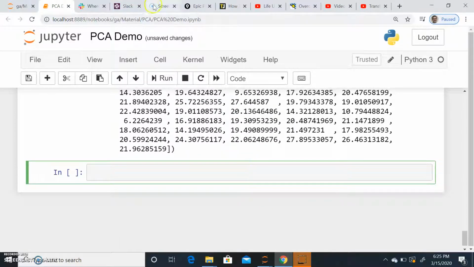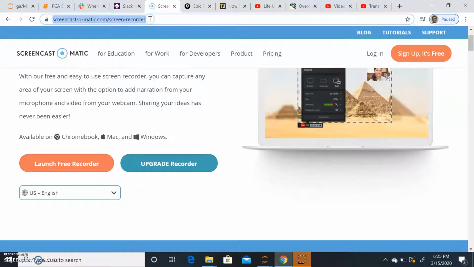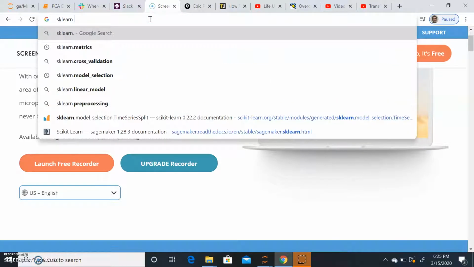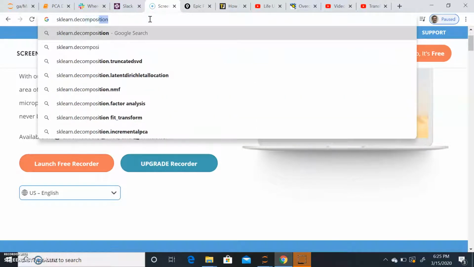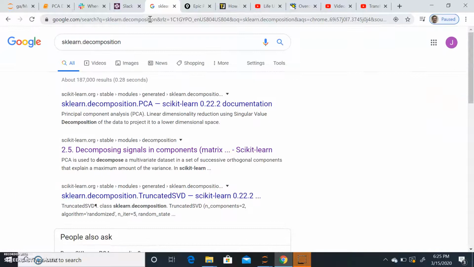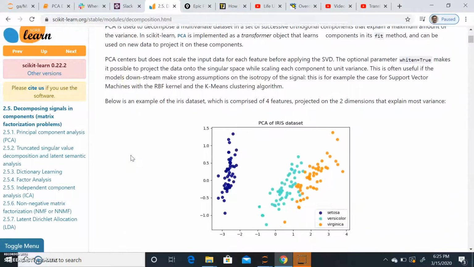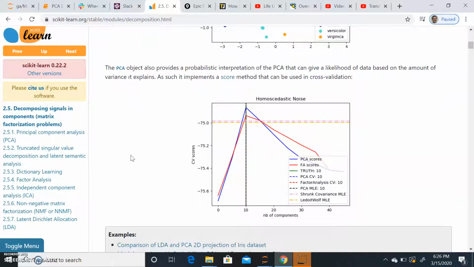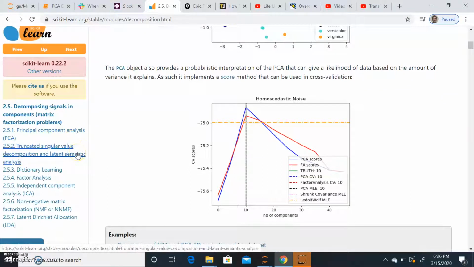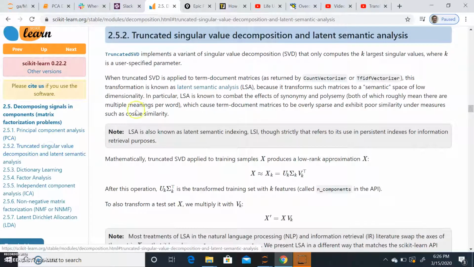And then again, if you go over here, I'll type this in, scikit-learn, and take a look at the decomposition library. Vanilla PCA is the one that's used most frequently, but there are about 10 different flavors of PCA that you could potentially use. PCA is the most common one. Another one worth pointing out is also called truncated SVD.